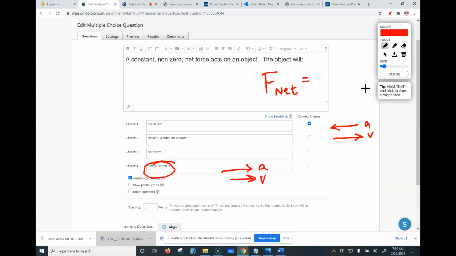It's going to slow down. So that would indicate a negative net force. This would indicate a positive net force. They're both still accelerating. It's just that's a negative acceleration. So this is your correct answer.